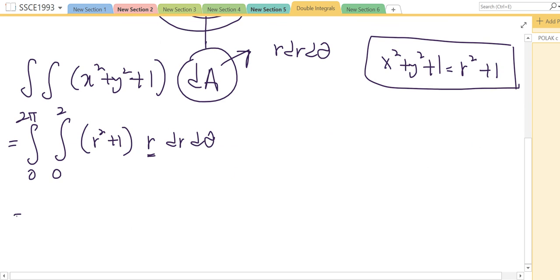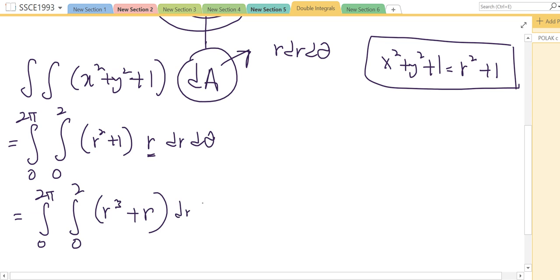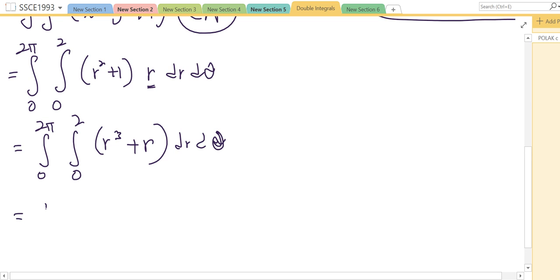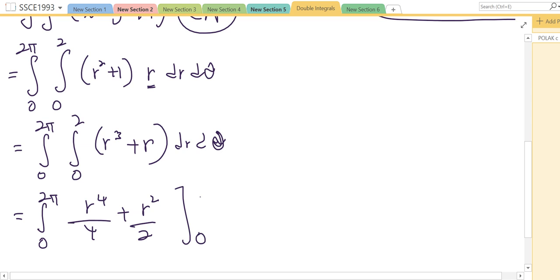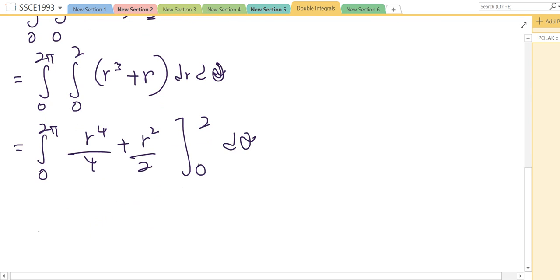If we expand it before we solve the integration, we're going to get r to the power of 3 plus r. Now we integrate normally. We integrate with respect to r first. We're going to get r to the power of 4 over 4 plus r to the power of 2 divided by 2. We substitute the limits for r, 0 up to 2. Don't forget to write d theta again since we are not finished with theta.